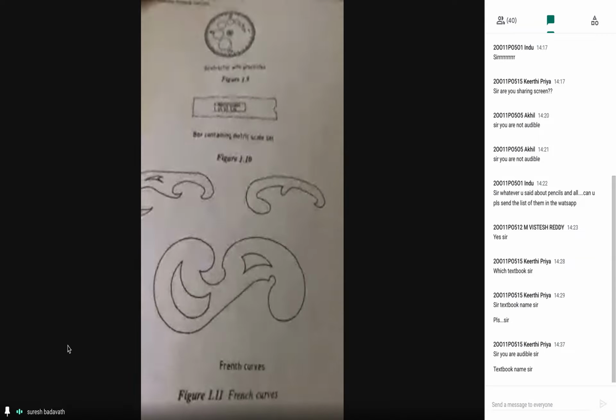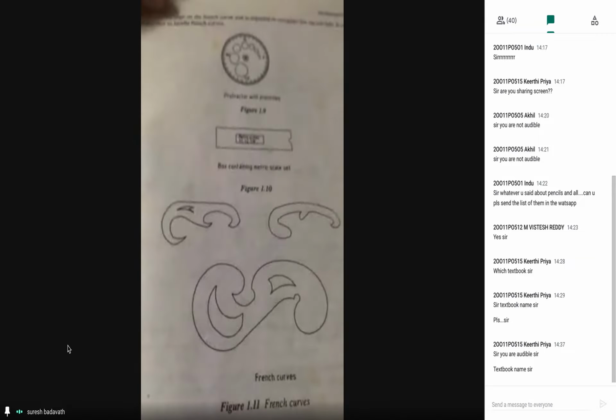The box containing the metric scale can be used there. See the different information in engineering drawing practice. Okay, see, all of you, these are the types of drawing instruments for today.